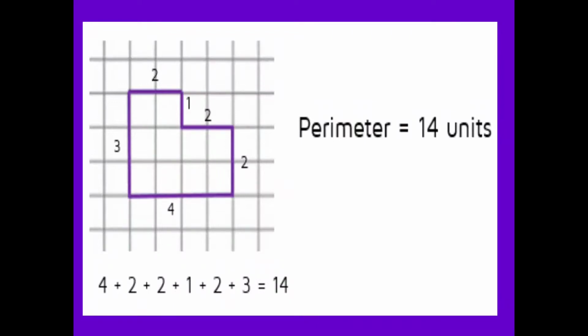As I told you before, you have to add all together and find the perimeter value. First we add 4 plus 2 plus 2 plus 1 plus 2 plus 3. If you add all together, we get 14. So the outer surface of the given picture is 14. The perimeter is equal to 14 units.